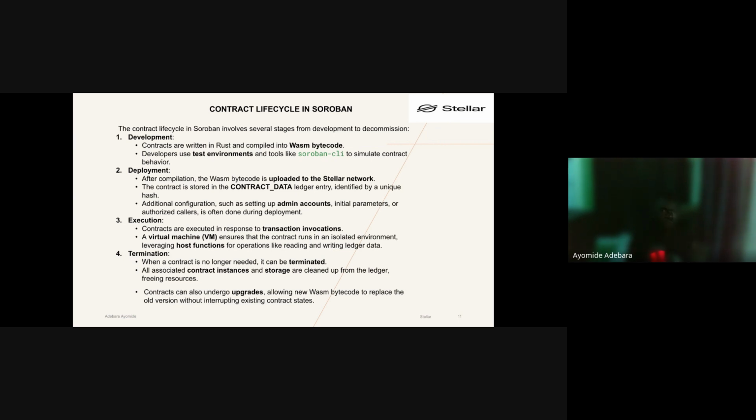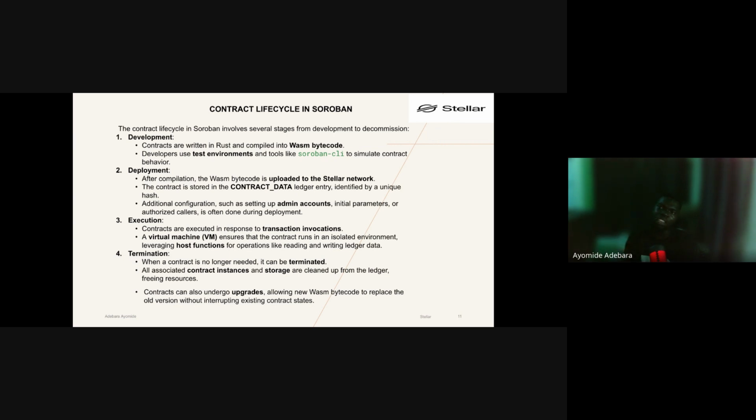Instead, all you have to do to upgrade the smart contract is replace the WASM bytecode that you have pushed with a new WASM bytecode. And that makes sense. Why? Because the WASM bytecode is where the implementation of your smart contract lives. All the functions called from the different instances of your smart contract live inside the WASM bytecode deployed to the Stellar ledger.